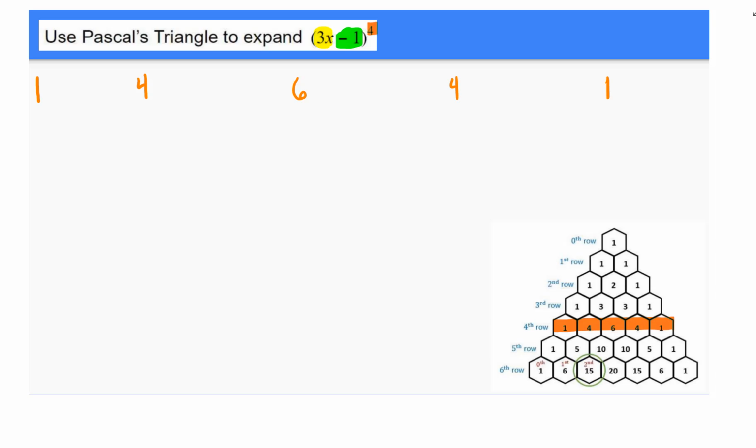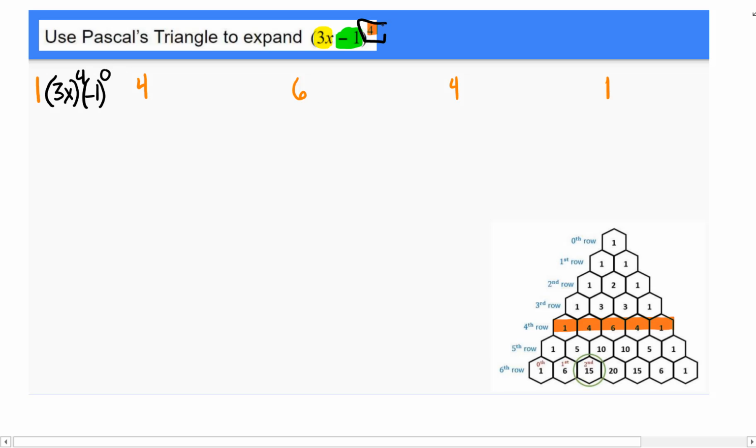To start off, we put the first term to the power that you see here. So it should be 3x to the power of 4, which means that negative 1 is to the power of 0 because the sum of these exponents must always equal the power to which we're expanding.